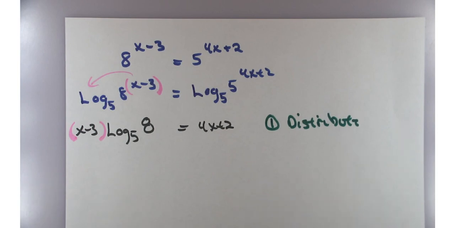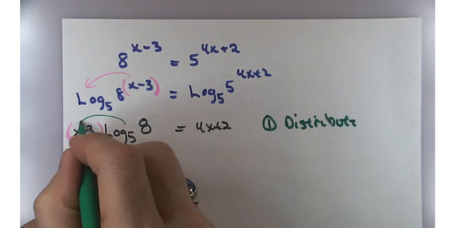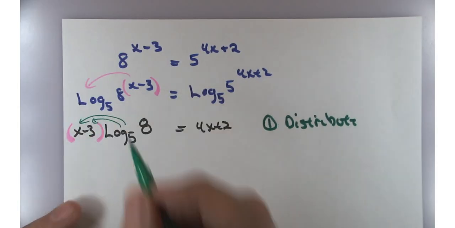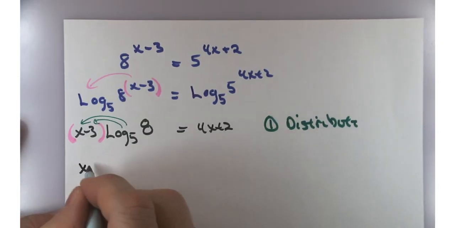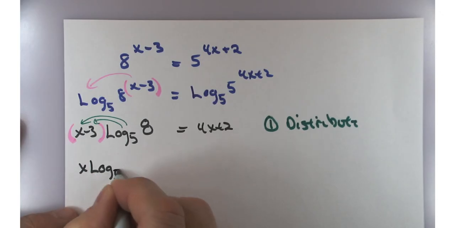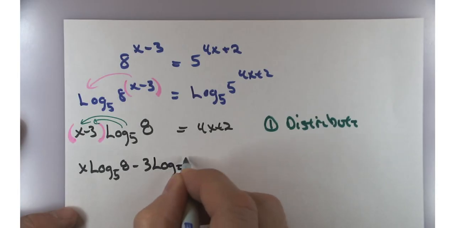that's going to mean this log base 5 of 8 term has to multiply the x and the negative 3. So let's look at that. That's going to be x log base 5 of 8 minus 3 log base 5 of 8.